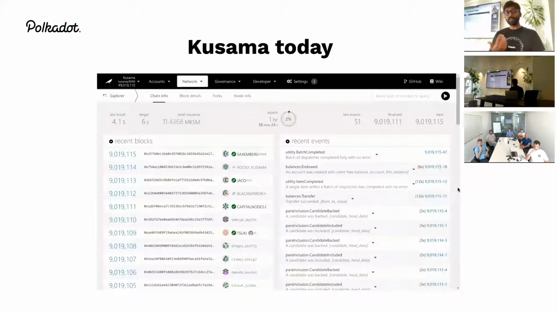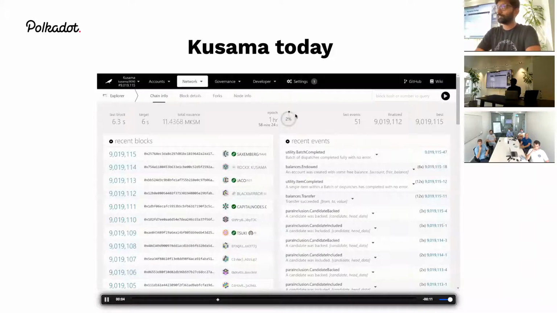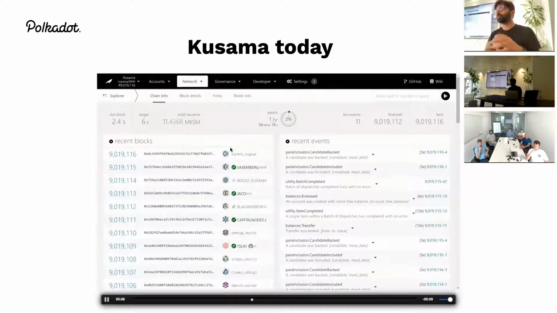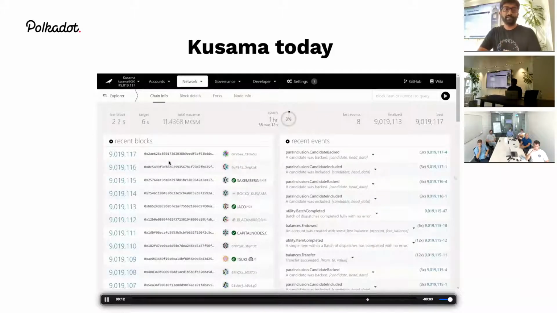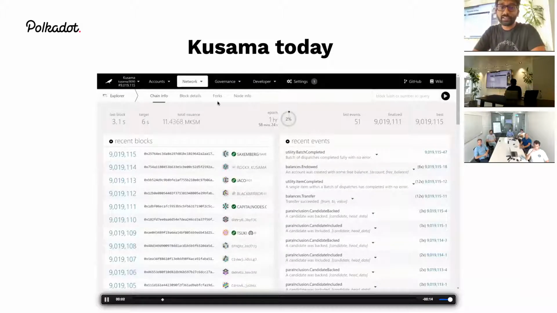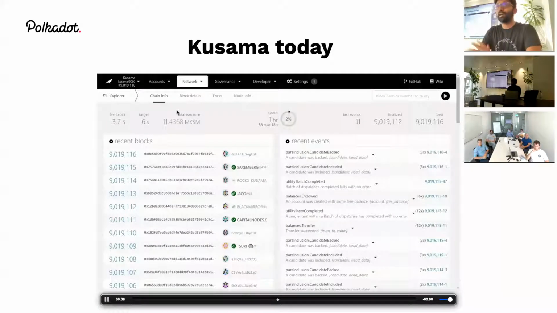So Kusama today, you can see that it shares a lot of properties with the Polkadot relay chain. The block production speed is again 6 seconds. There are about 9 million blocks in the Kusama blockchain. And you can see the circulation of the tokens. It's smaller than Polkadot, and there's a reason for it.